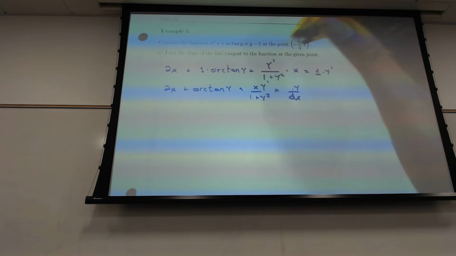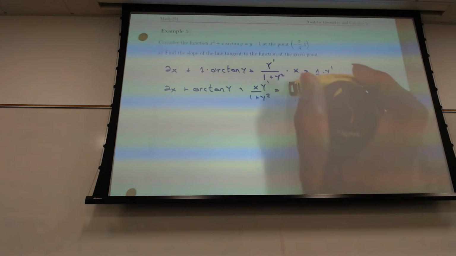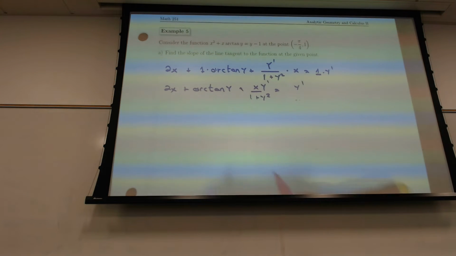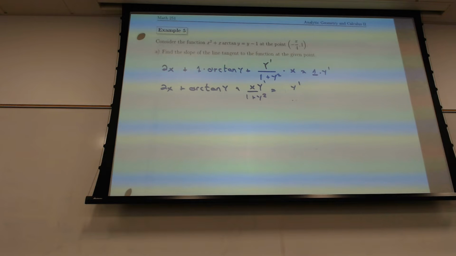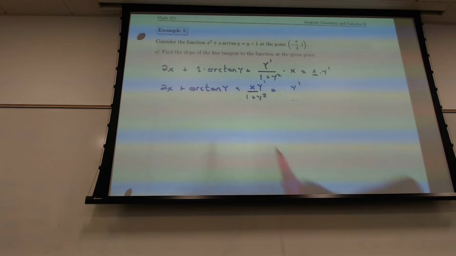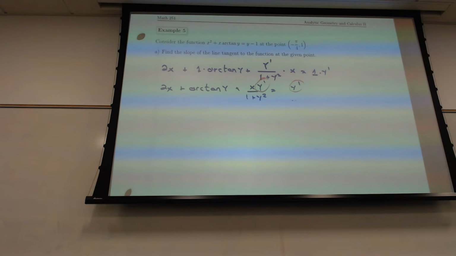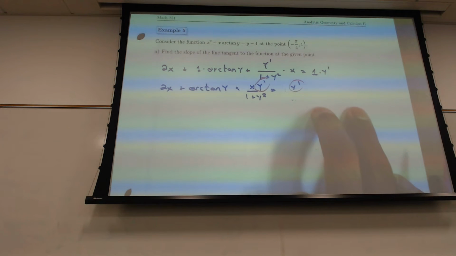In the end, I will use the dy dx notation. When it comes to implicit differentiation, we need to have all terms that contain the y prime on one side of the equation, and everything else that doesn't have any y primes, send it to the right-hand side.